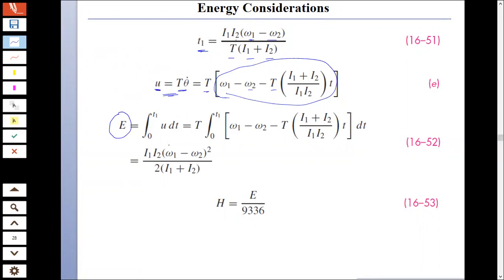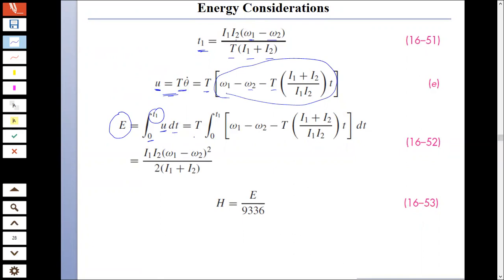the clutch. So that will be from initially from time t equal to 0 to time t1. So that will be equal to u dt. Okay? I'm going to integrate this with respect to time.